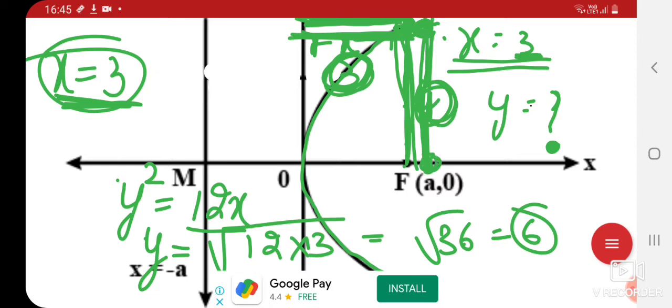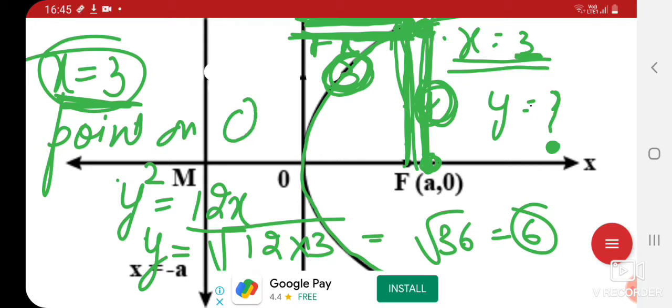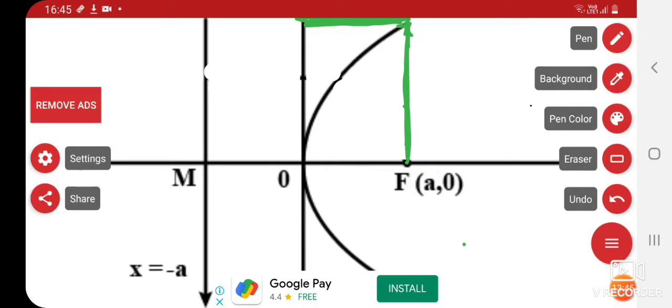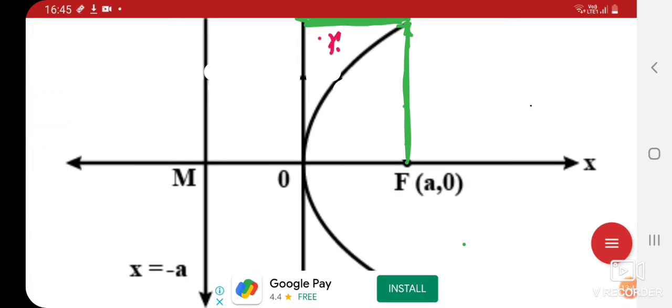That means the point on the quadratic graph will be x equals to 3 and y equals to 6.